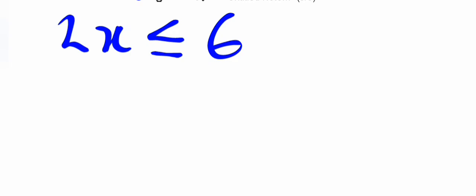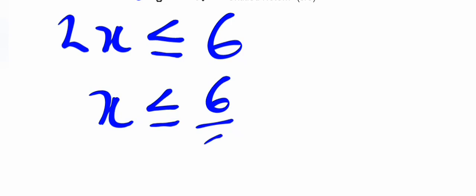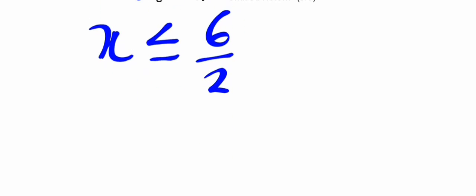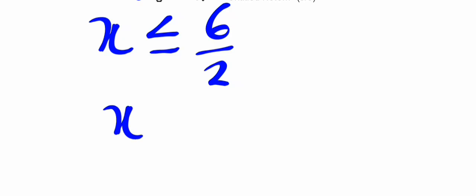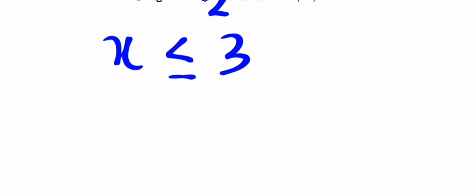Find the range of values of the number. So when we solve this one now, we just divide both sides by 2 here, and that will be x less than or equal to 6 over 2. And simply this will be x less than or equal to 3, which is our solution.